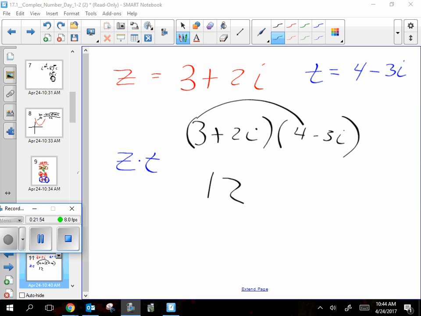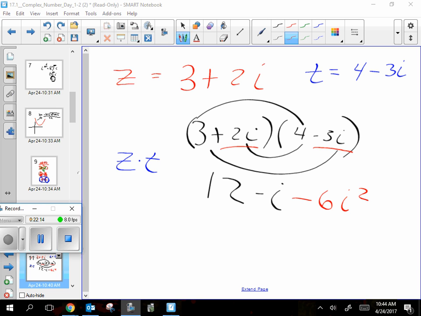That times that was 12. Outside and inside give us our -9 and +8. That makes our -i. And then the lasts, which would be this times this, give us -6i squared.